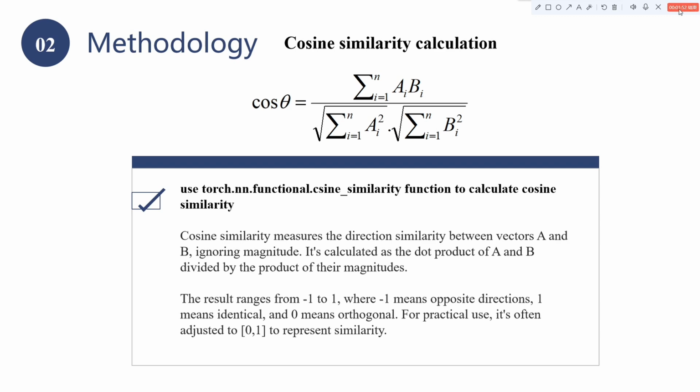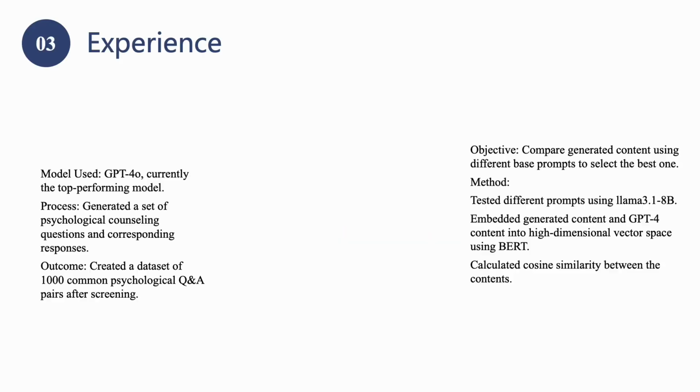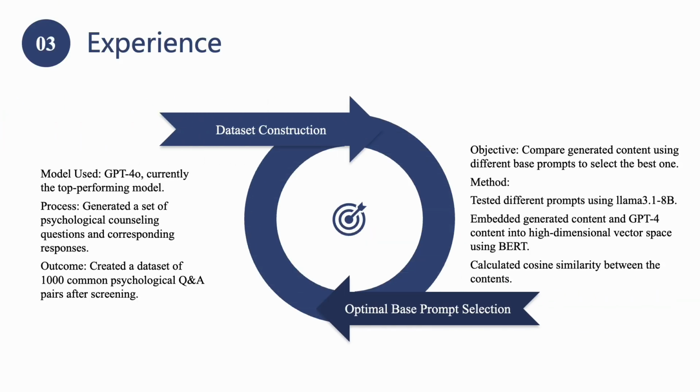Let's move on to my team partner. Next, I will introduce the process of the experiment to you. First, we will construct the datasets and select the best base prompt.